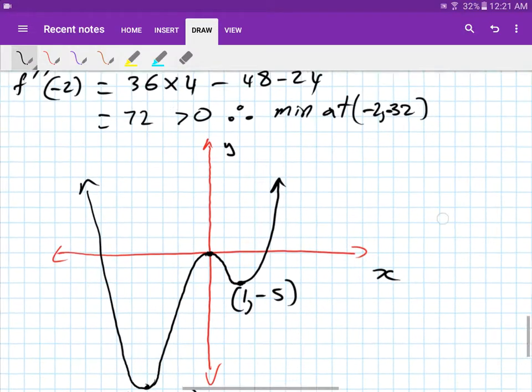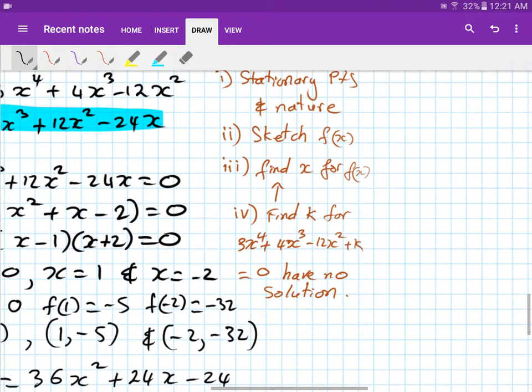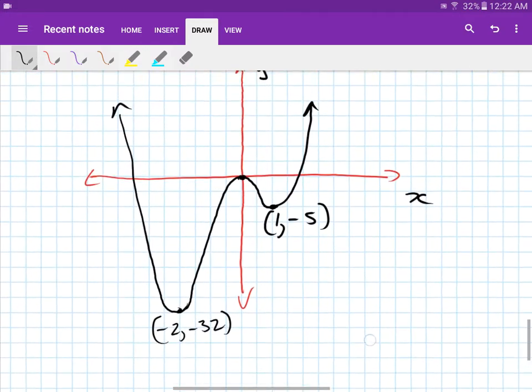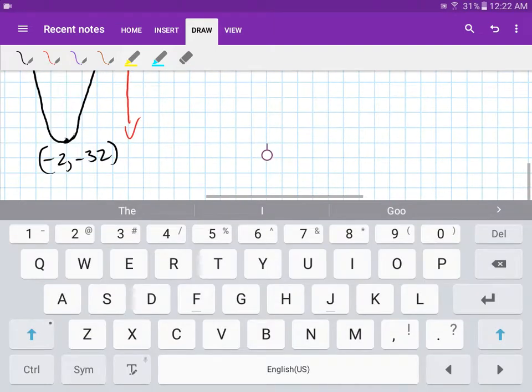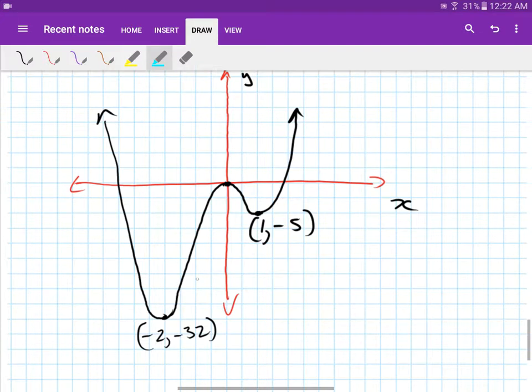Now third part: find the values of x for which f(x) increases. So where does f(x) increase? Increases means positive gradient, right? I just highlight it for you. See, positive gradient, this one, from this point onward, the gradient is positive. And this one here also has positive gradient.